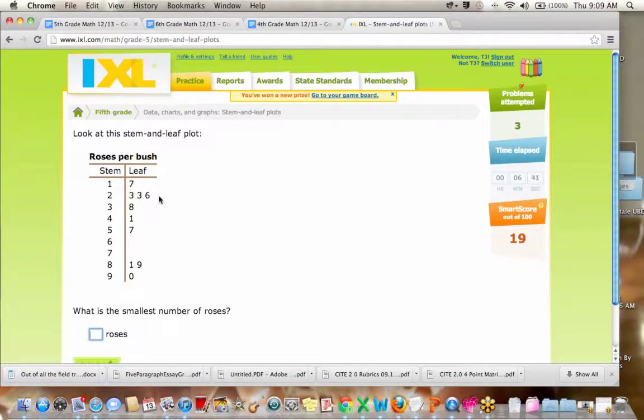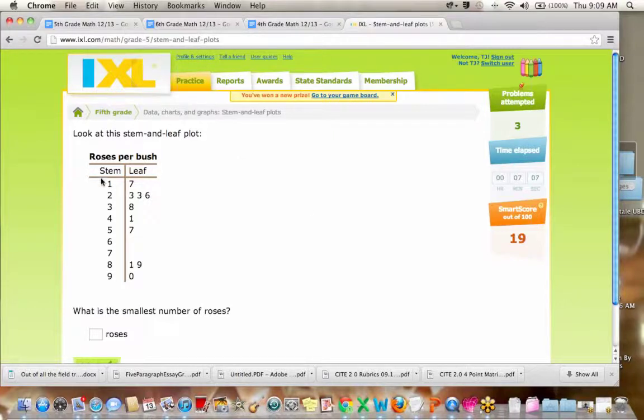Let's do another one. This is probably the hardest out of all of the different skills with graphs, stem and leaf plots. What you need to remember, Jacob, is that the stems represent the tens position. Think of your place value chart where you have your ones, your tens, your hundreds, your thousands, and so forth. So your stems are your tens column, and your leaves are your ones column.